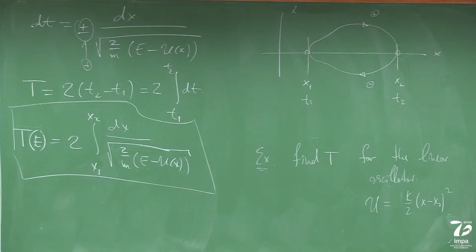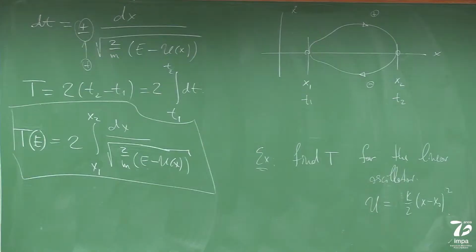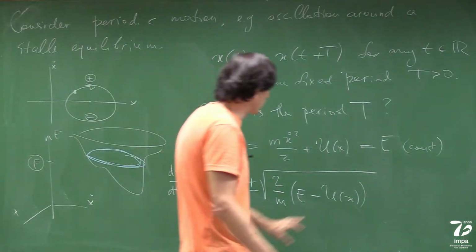Okay, so there are a couple of things left. We understand periodic motion. We still don't understand very well what happens here with these straight lines. So that's the next question. And then after understanding this, we can just draw what the general motion is for an arbitrary potential.